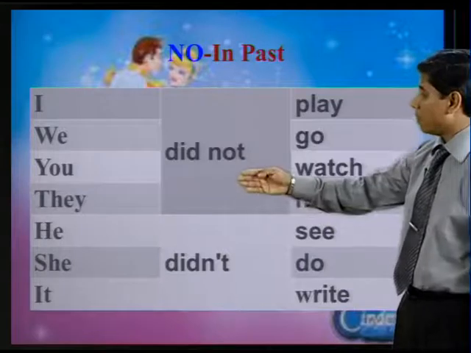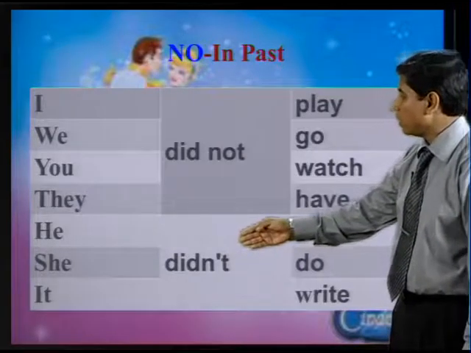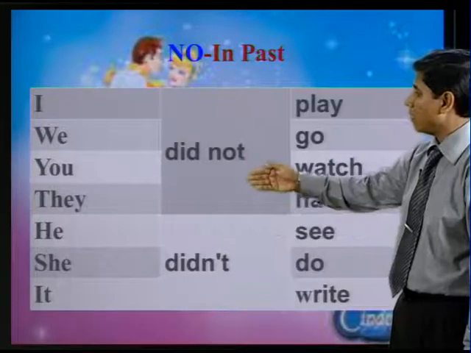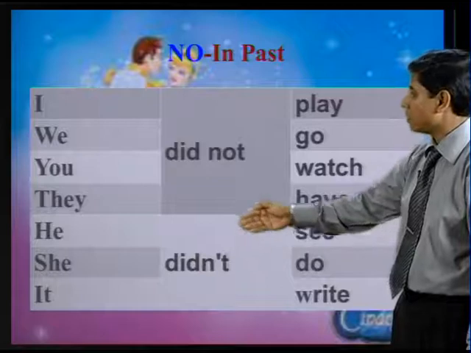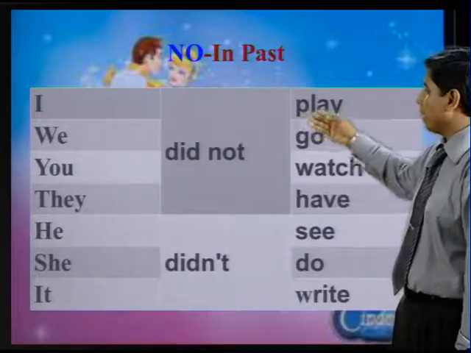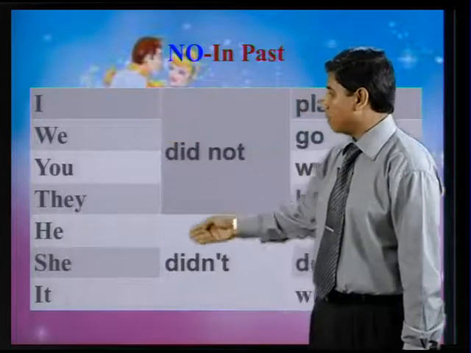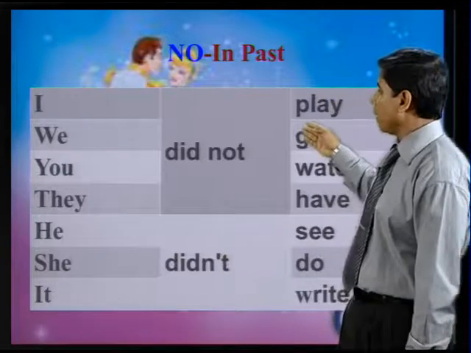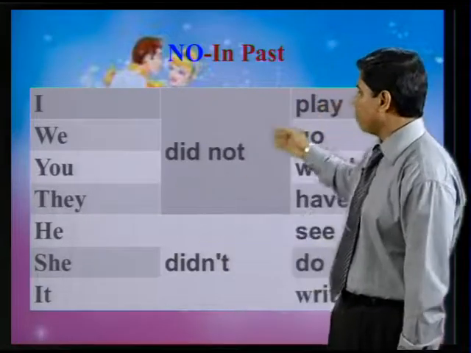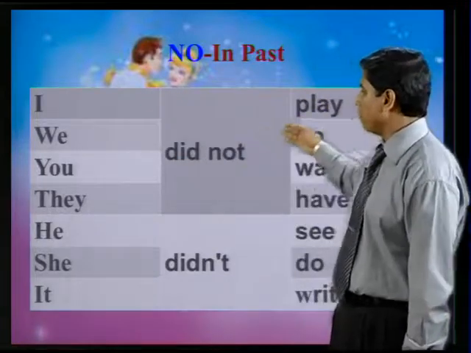Also remember, did not or didn't possible. You can use did not or didn't. Both are same. So you can say I did not play, or else you can say I didn't play.